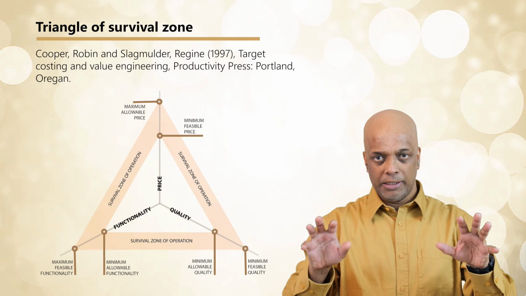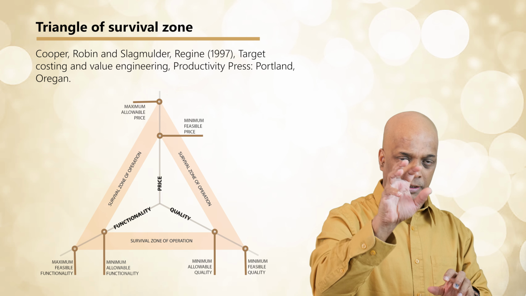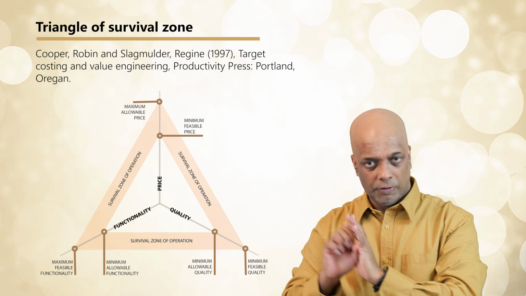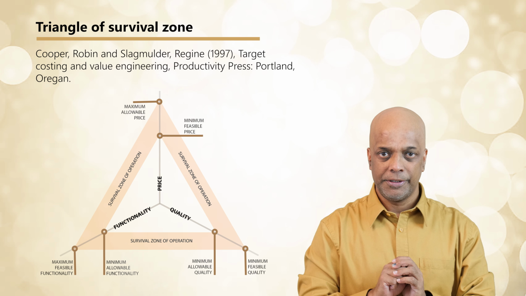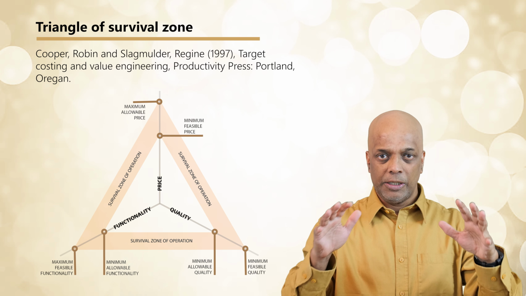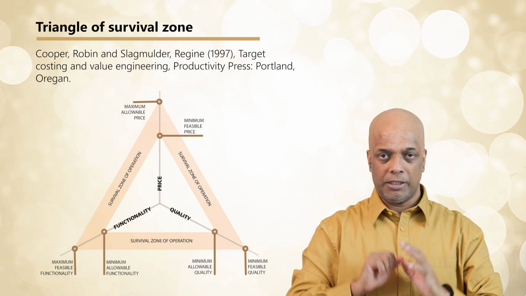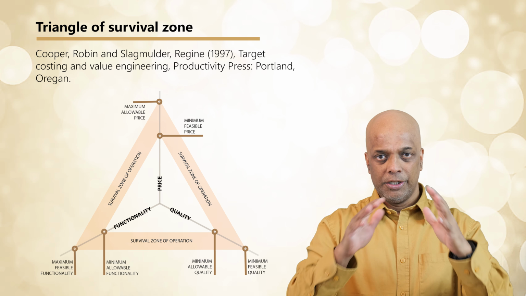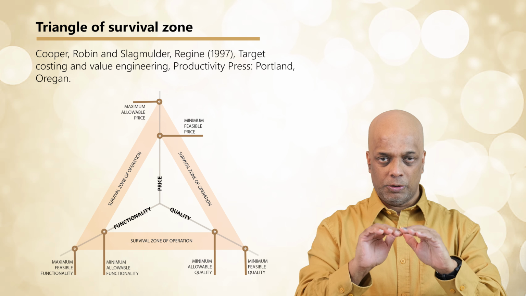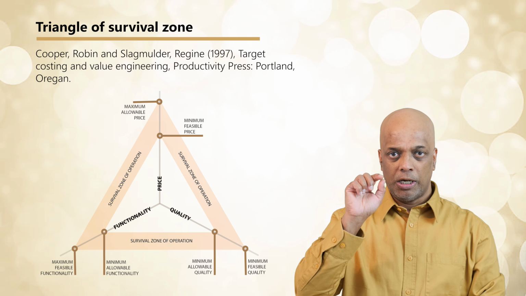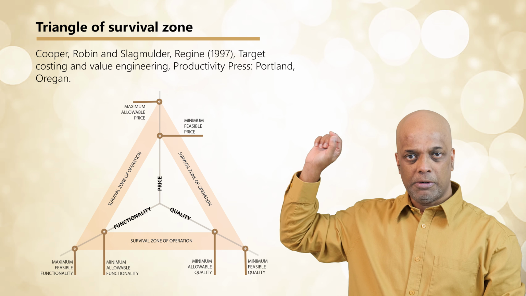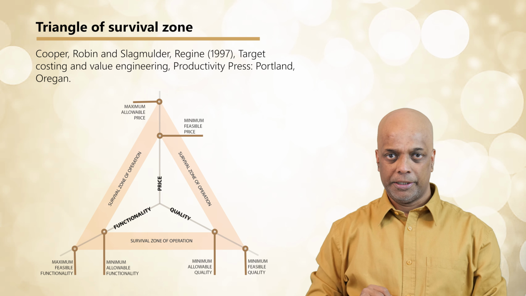So there should be a high connection between the price that you charge and the level of quality and the level of functionality. So they collectively define your survival zone. Then, in order to define the survival zone, in relation to each of these variables, you have to have a maximum target and a minimum target.